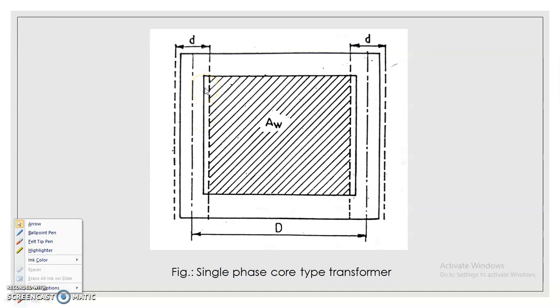Let's see here. I am just highlighting this portion with the yellow shade. This also. This yellow shade is not considered under window area, because when we place windings on the limb, it will appear like that.